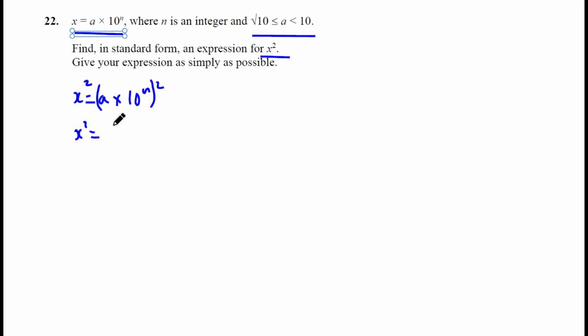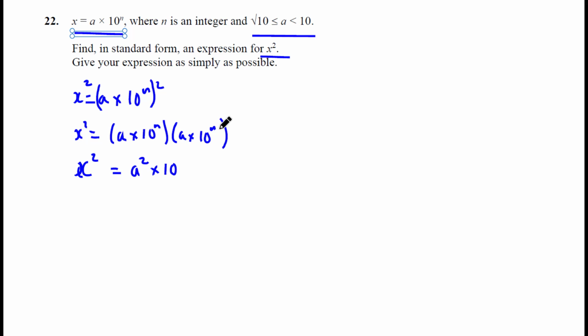Now we're just adding this bit for understanding. This is what happens. So x squared is essentially a squared times 10 to the power of n times 10 to the power of n. Now remember, when we multiply powers with the same base, we just add the indices.